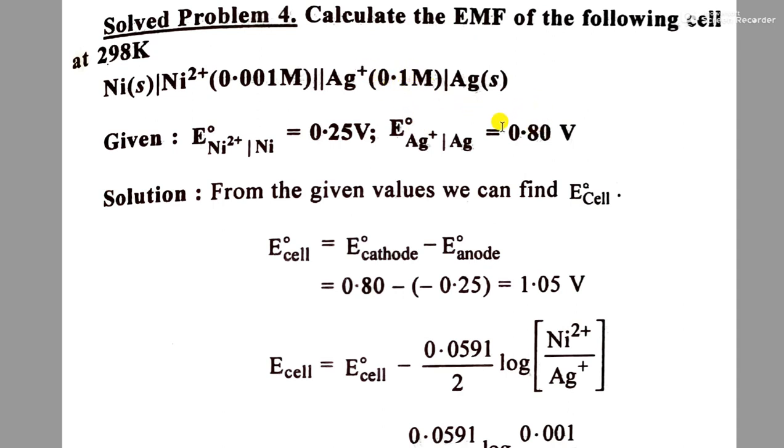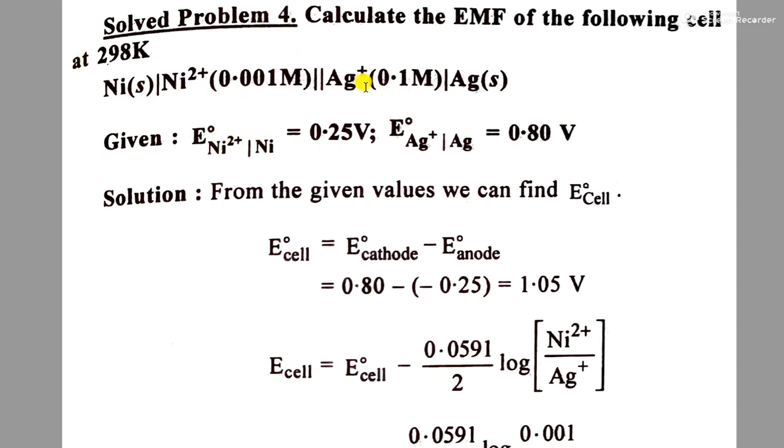So silver, the reduction potential is 0.8. So you have to substitute the value of 0.8, then minus 0.25. Here there is a small twist, because in the question it is given the reduction potential for converting Ni2+ to Ni.